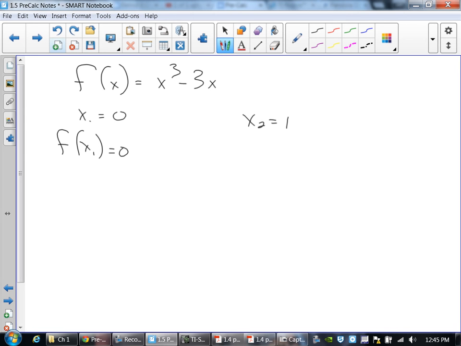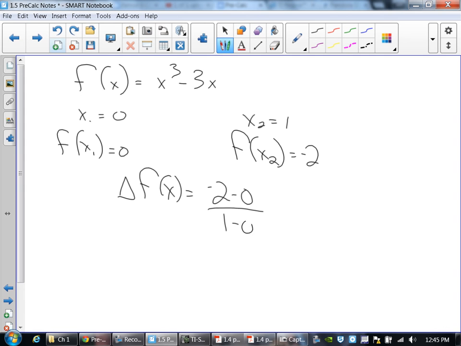Negative 2. So here, I do the same thing. The change in f of x, negative 2 minus 0, and then 1 minus 0. What's the slope between those 2 points?